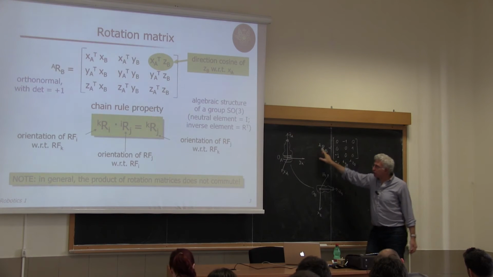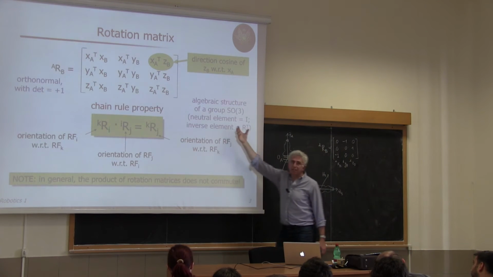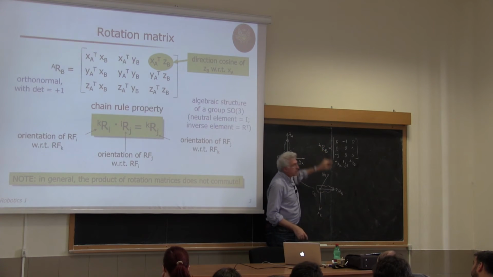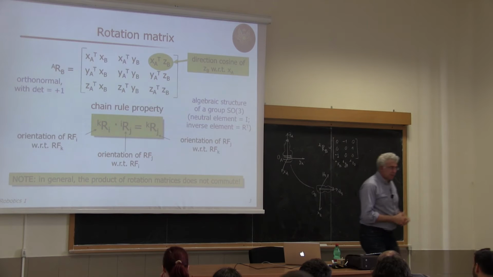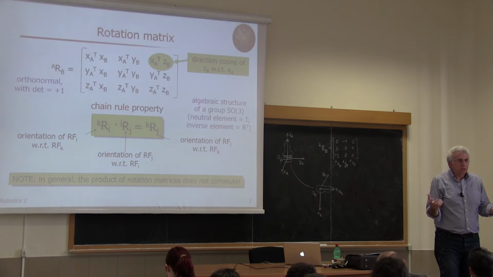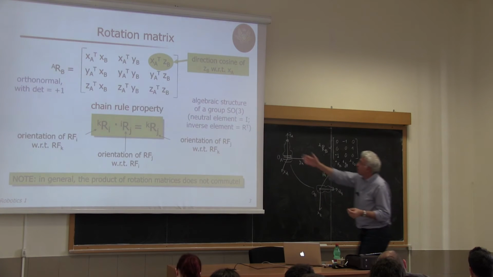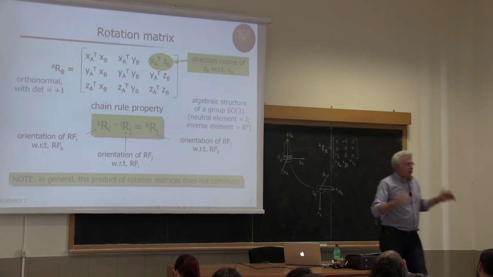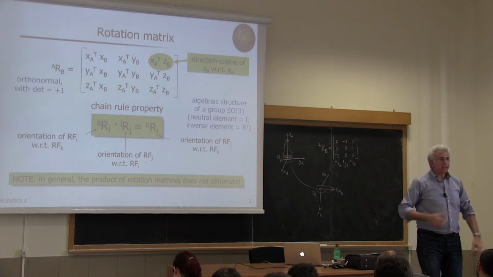Okay? So the rotation matrix, again, is an object. It's an abstraction. Does not need to carry subscript and superscript. Okay? Because it's an orthonormal matrix with determinant +1. It's one generic element of this special orthogonal group 3. So I don't care. I can make computation with that.